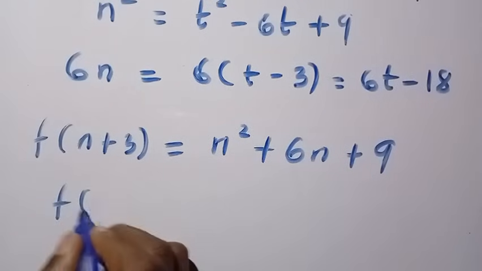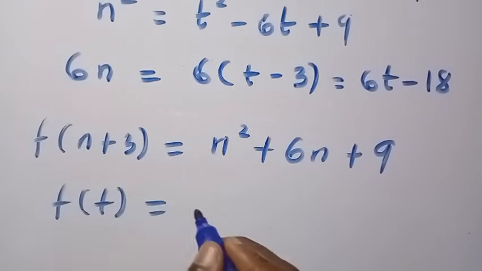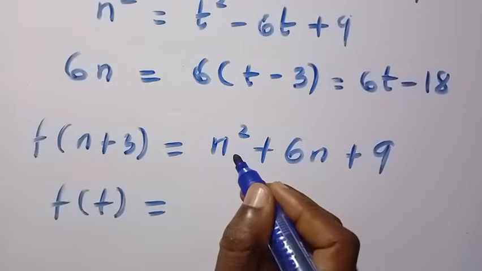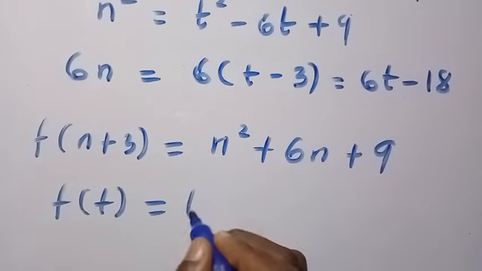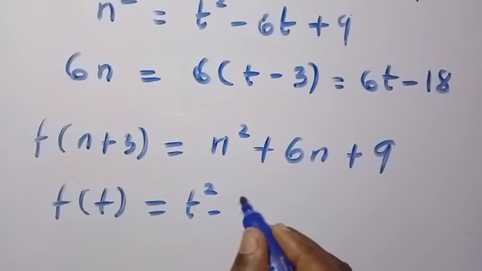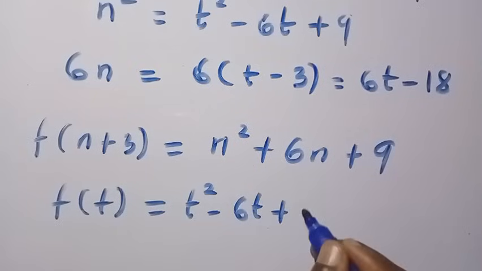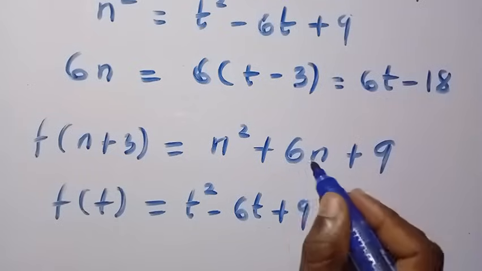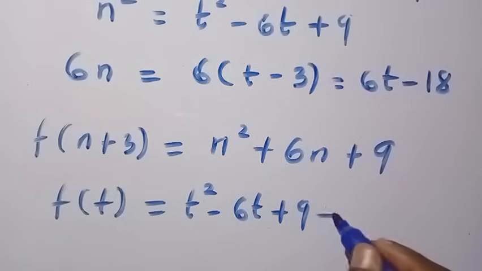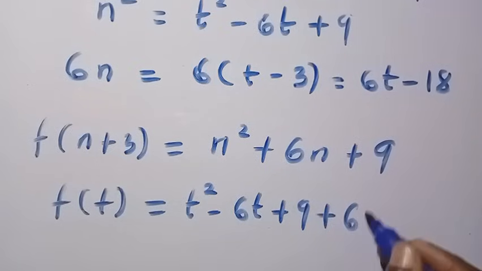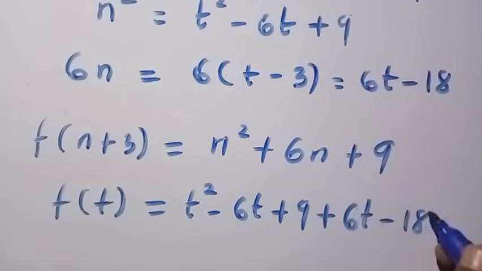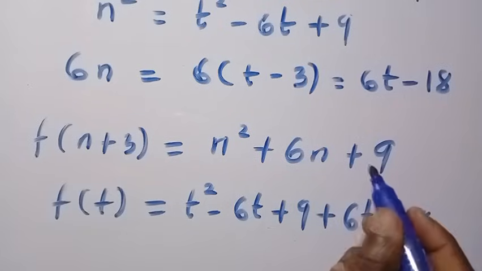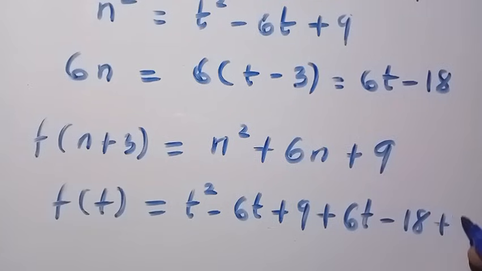Therefore, we have f of t equals, so n squared here is given as t squared minus 6t plus 9. And for our 6n, this gives us 6t minus 18. Then the last part here, which is plus 9.